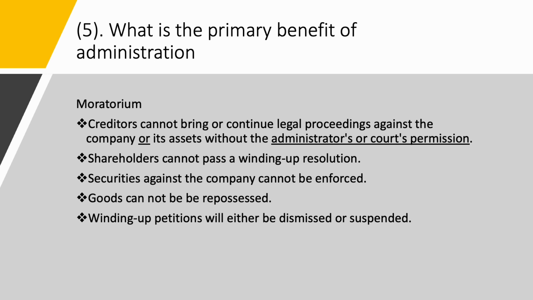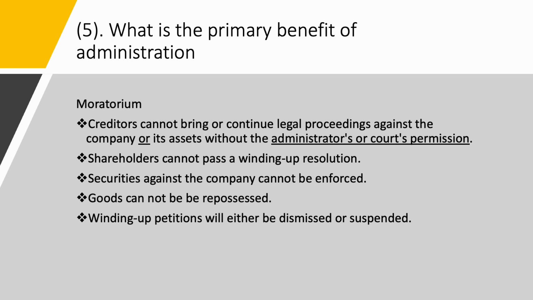Now, this key benefit, as you can see, is that we are trying to ensure that things are in order. Otherwise, can you imagine what would happen in a situation where a company that is in financial difficulties has several creditors, each one of them going to court to sue, seeking repayment of their money? The company will spend most of its time and the limited resources left trying to defend all those multiple legal suits.